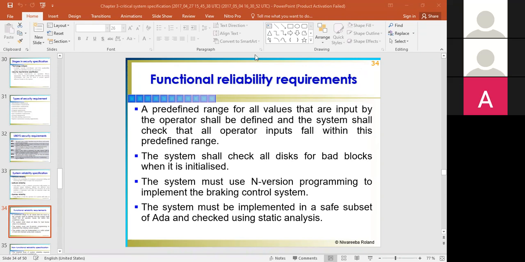Before we go into functional reliability requirements, it's good to understand what exactly functional requirements are. Functional requirements define the basic system behavior. It's really about the working of the system. They are what the system does or must do, and can be thought of in terms of how the system responds to inputs.